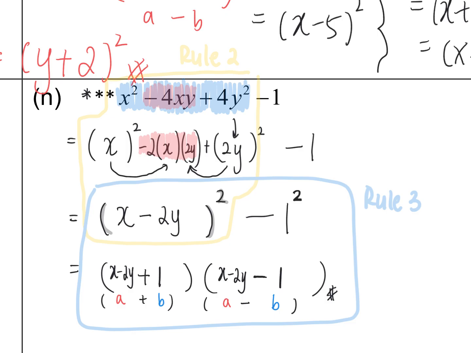A math has 19 chapters, right? Yes, A math has a total of 19 chapters. E math in Sec 3 and 4, you are going to learn a total of 15 chapters.